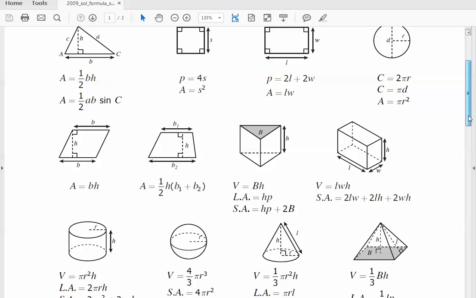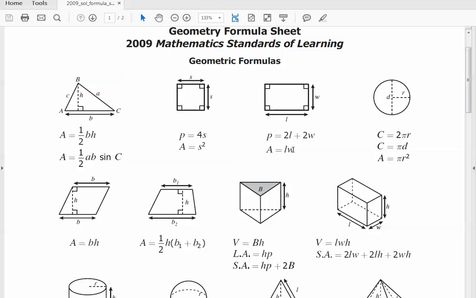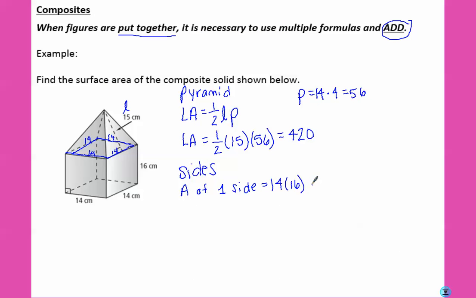Just like on our rectangle, area is length times width. So one side has an area of 224, but we have 4 sides to the box, so that would equal 224 times 4 sides, which is 896.